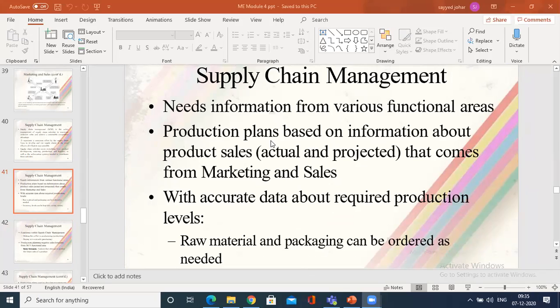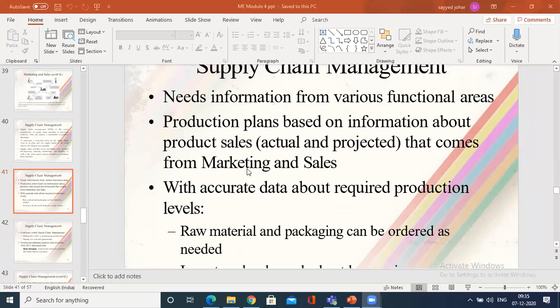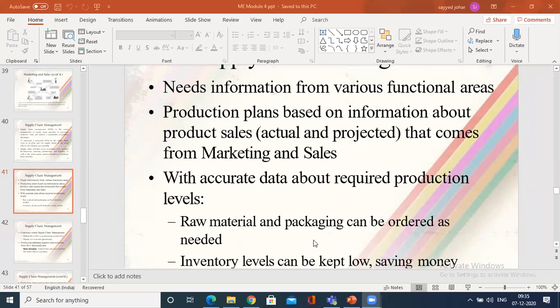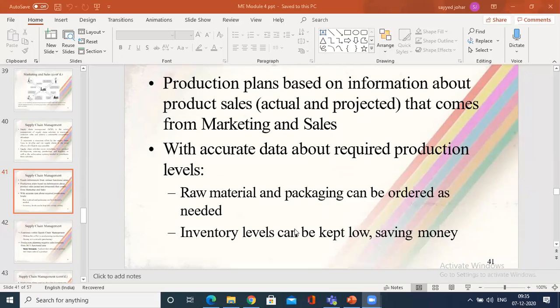Supply chain management acquires the information from the various functional areas. So with accurate data about the required production levels, raw materials and packagings can be ordered as needed.